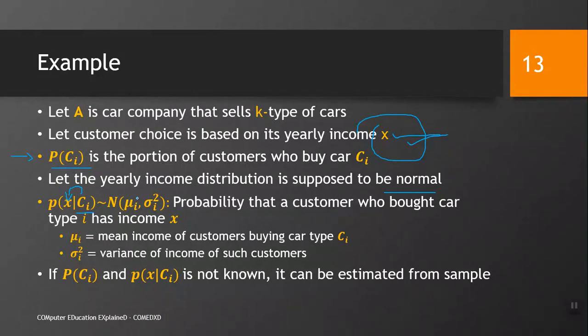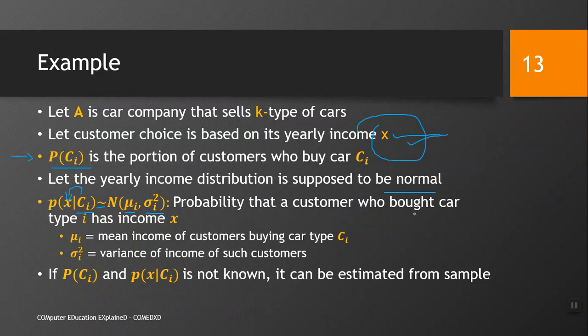This sign tells that it belongs to a normal distribution which has the mean mu I and the variance sigma I square.